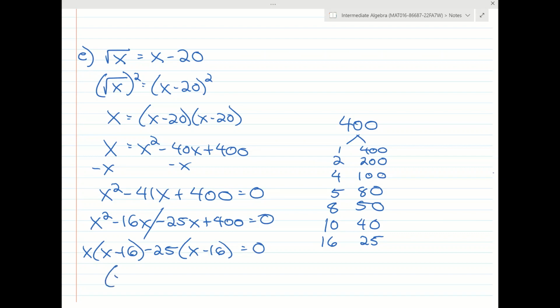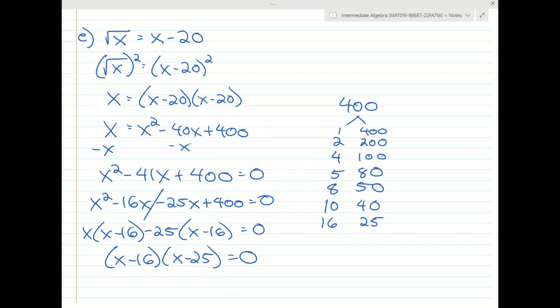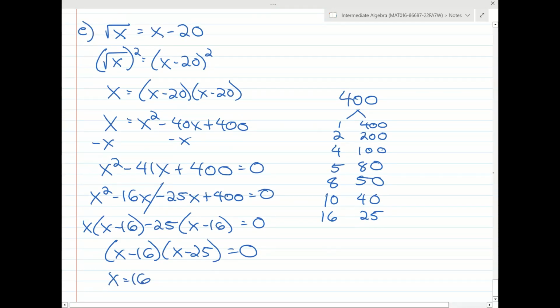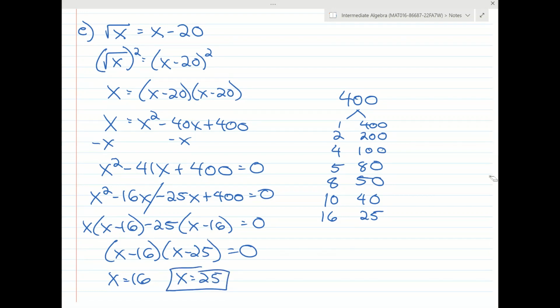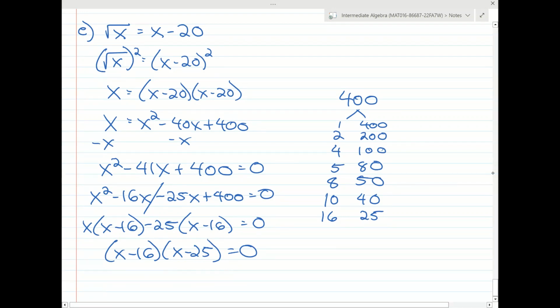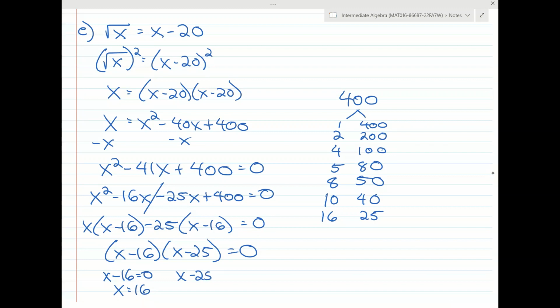So x minus 16 times x minus 25 just gives us 16 and 25. By the way, what we do at this step is we set the factors equal to 0 and solve. We get x is 16 and x is 25.